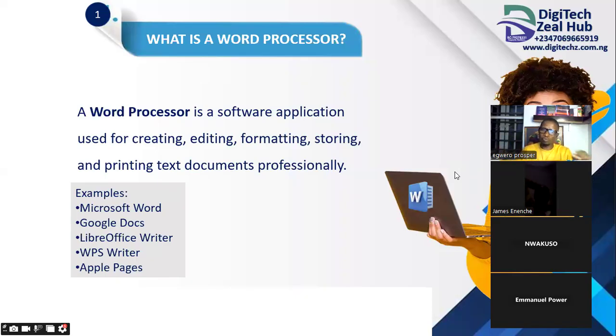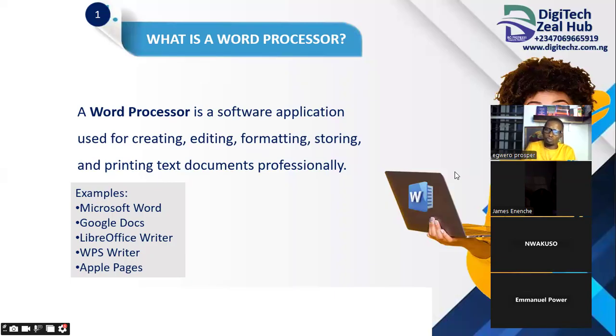And then we looked at the full meaning, what it is, and then we also looked at examples. And now we just ended what word processing is. Now we are looking at what a word processor is. That is the technology that does the typing itself that we want to look at now.